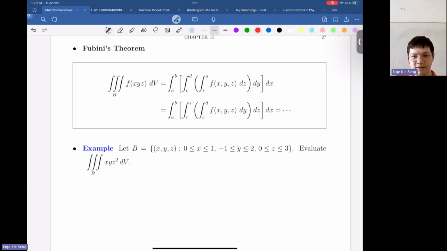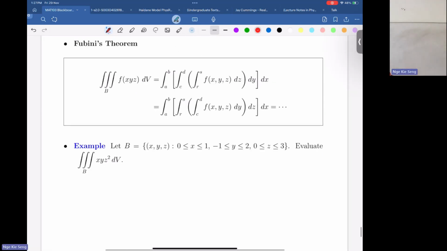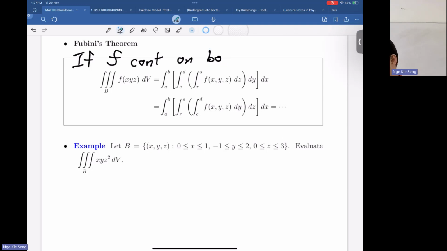Okay, let's see this. So the first example, obviously, is easy. I just give you a box, and then ask you to use Fubini's because your function is continuous on the box. So if f is continuous on the box B, then you can use the three variable Fubini.